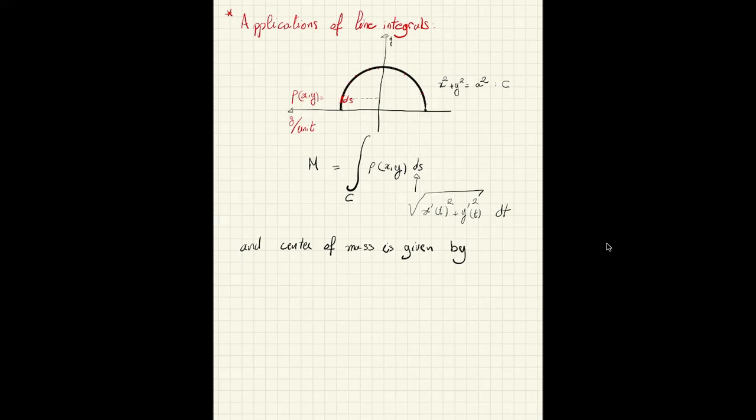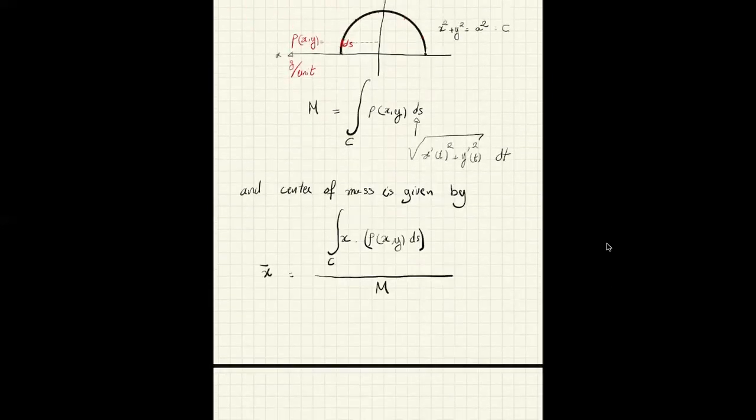This little piece has a mass of density times ds, and it is at a distance x from the y-axis. Then you do it for all these little pieces, so you integrate over all of C, and by the end you divide by m, a kind of normalization, and this gives you x bar.